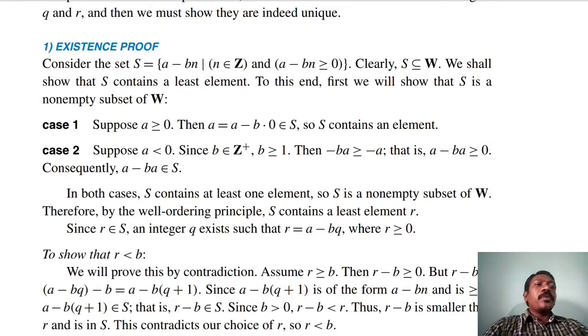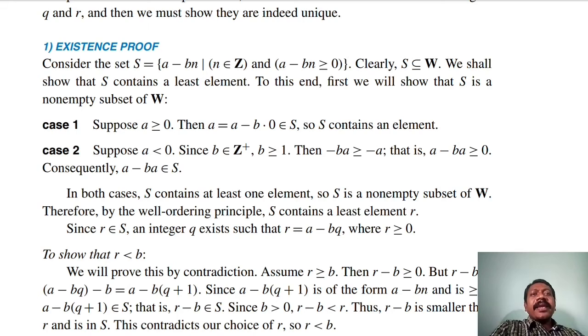First we have to prove S is non-empty, because in the well ordering principle it is mentioned that every non-empty positive integer set has a least element. So here we have to prove first it is non-empty. See here, we are having two cases.